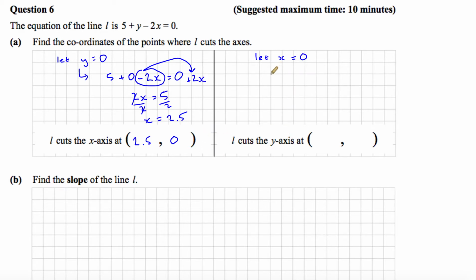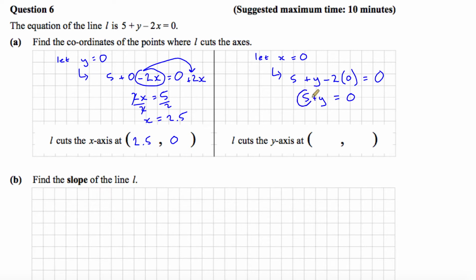Okay, now for the y-intercept, we let x be 0, so the equation will become 5 + y - 2(0) = 0. So I've replaced the x with 0. That will give me 5 + y - 2 by 0 is 0, so that disappears and we're left with 0 on the other side.